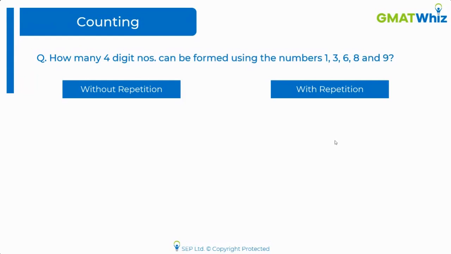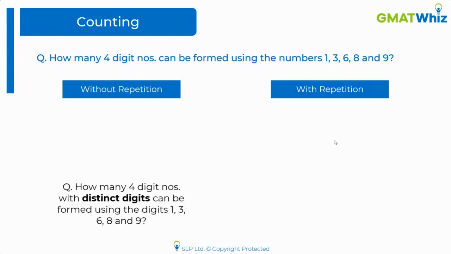See, if I have to frame the same question for without repetition, this is how I will write it. You have to see, in words, this is at the end of the day a word problem. You have to understand the meaning also to understand whether repetition is allowed or not. So if I phrase the question like this, how many 4-digit numbers with distinct digits can be formed using the digits 1, 3, 6, 8, 9? What does it mean? The focus is on distinct digits.